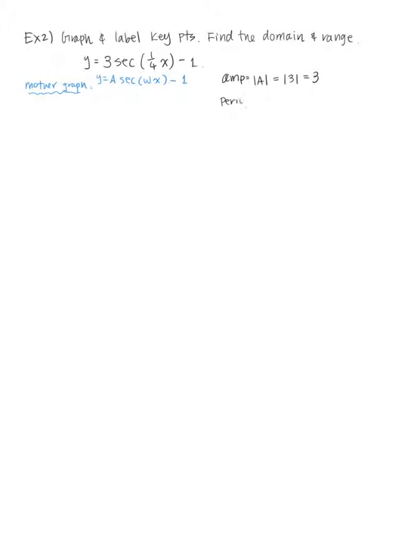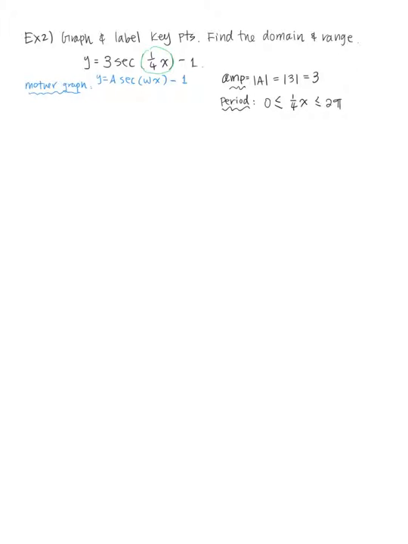Now the period. What is the period of secant? Well, secant is 1 over cosine, and the period of cosine is 2 pi. So secant also has a period of 2 pi. Now remember what goes in there is the argument of the secant, so you're going to have 1 over 4 x.